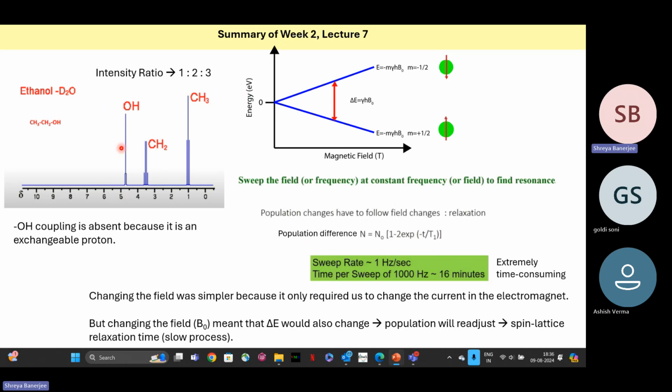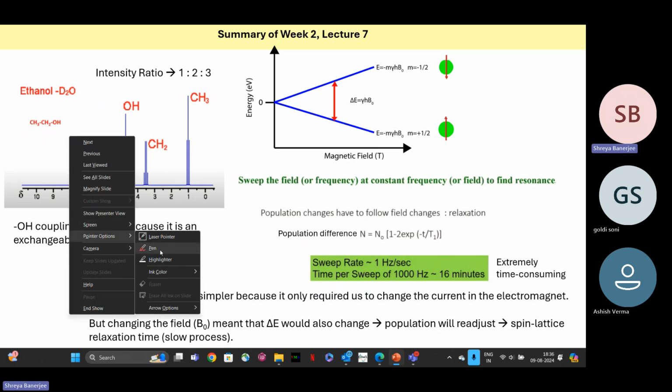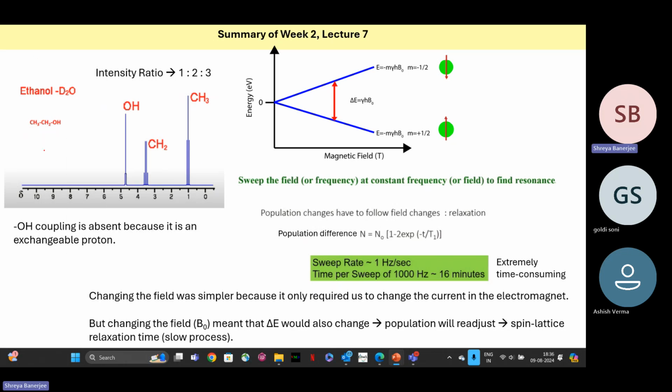Then in terms of splitting, the general rule for splitting is that if you have n neighboring protons, you will have n plus 1 peaks. So CH3 has two neighboring protons and 2 plus 1 is 3. So CH3 will appear as a triplet. Now, how many neighboring protons does CH2 have? You might think it has 4. That is 3 from CH3 and 1 from OH. But the thing is, OH proton is actually exchangeable.